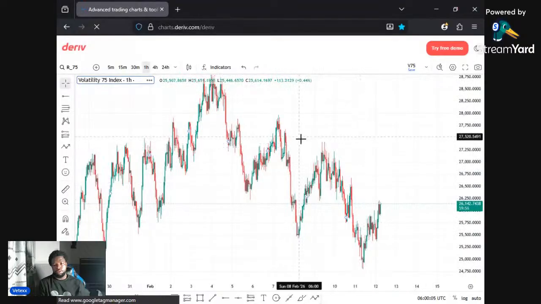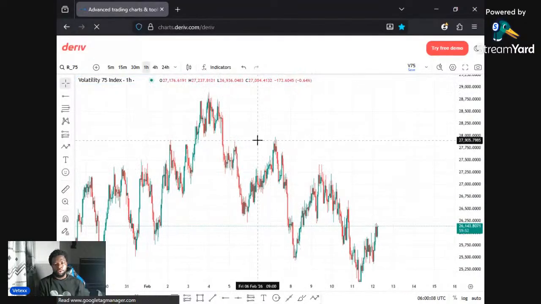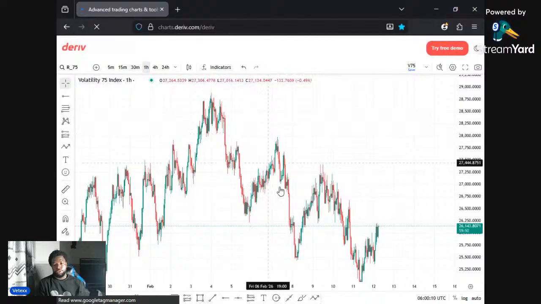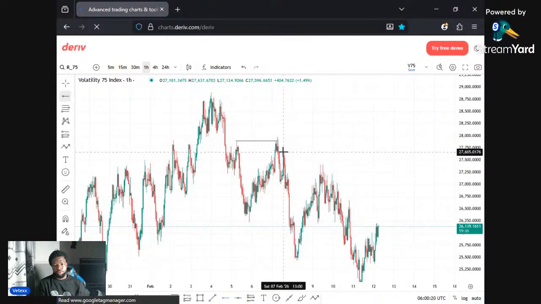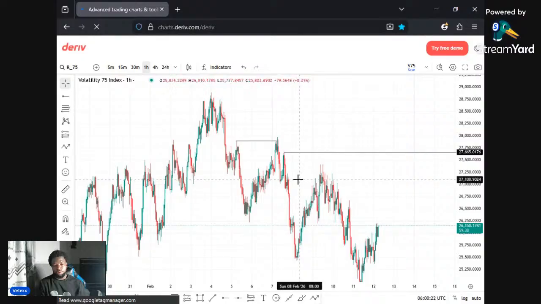Okay, this is it. This is beautiful. Okay, we have what here? We have a sweep here. And then this becomes what? Structural liquidity. And we have this. Now we protected high.